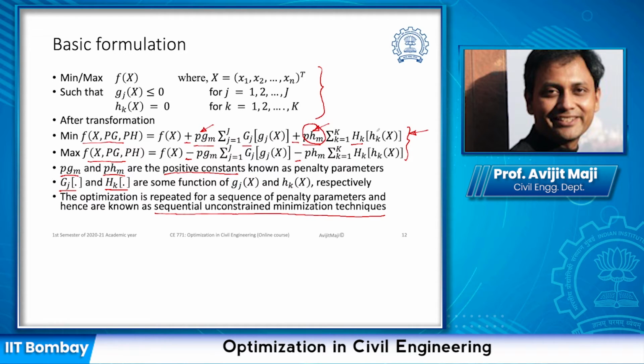No matter how high this value is, if my obtained solution is feasible, then this is going to be 0. So it won't have any effect. But if it violates, then immediately it is either going to increase or reduce the objective function value in this case. So we may not get the optimum solution.